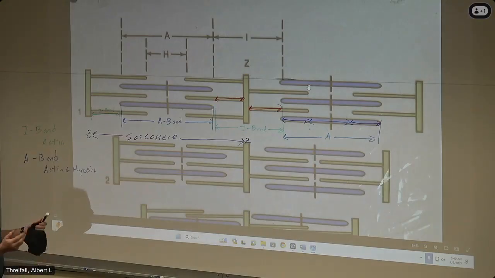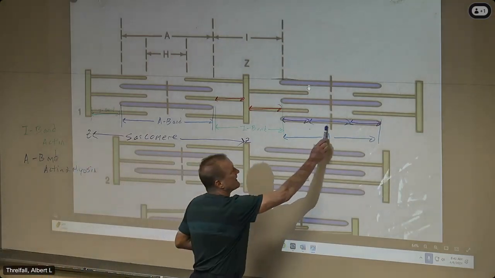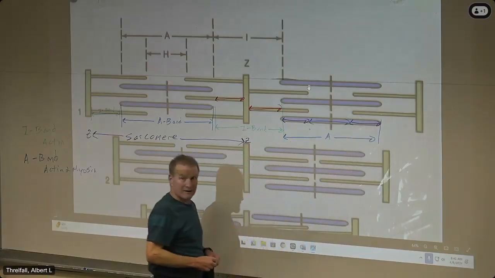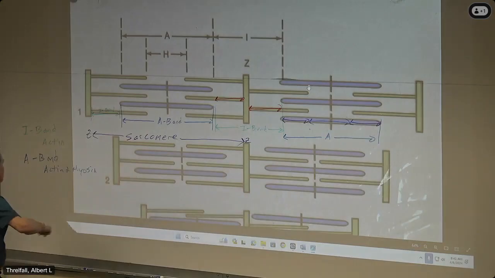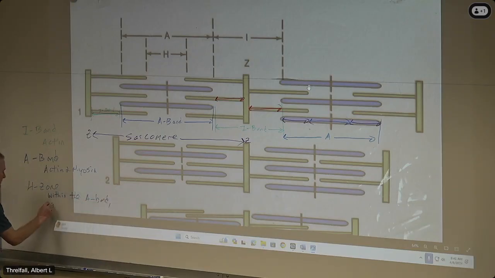But as we look at that myosin myofilament, we see that in the center of the A band, there's an area that's just myosin, and on each side, an area where actin and myosin overlap. The H zone is the part of the A band. So within the A band, just myosin.